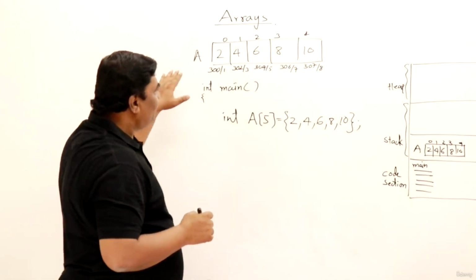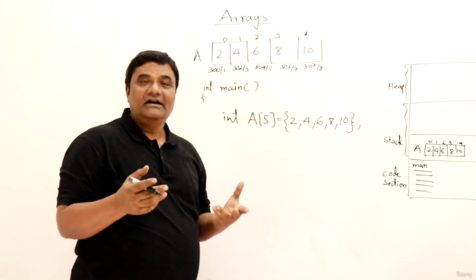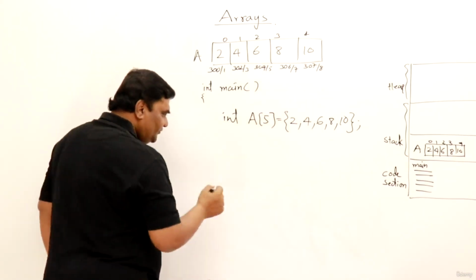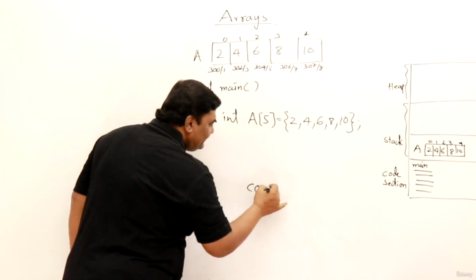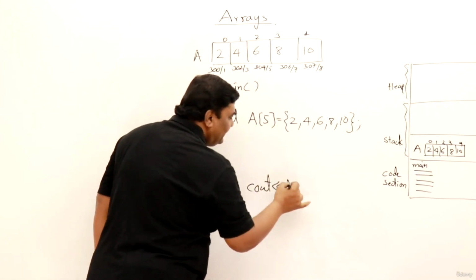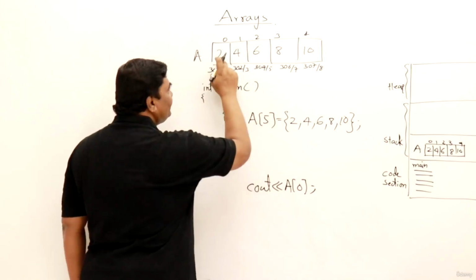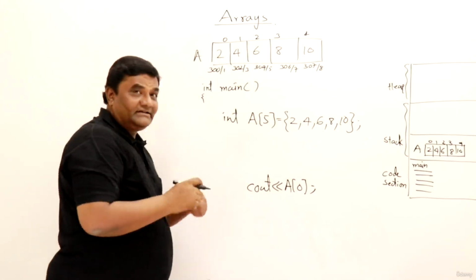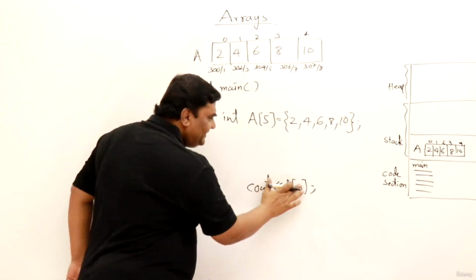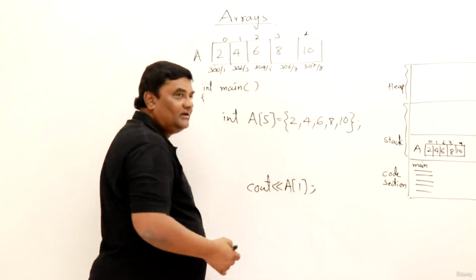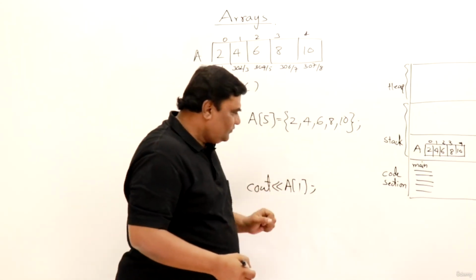I want to print all these values. So for printing I have to use indices. So let me show you just one line. I will say cout A of 0. Which value will be printed? Just the first value will be printed. 2. Like that I want to print the next value. So it should be A of 1. The next value, it should be A of 2.